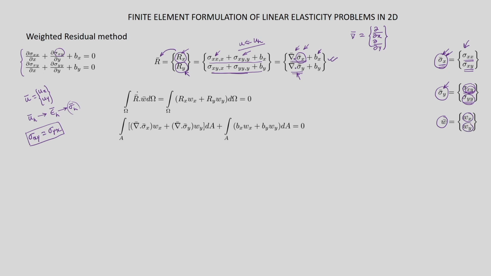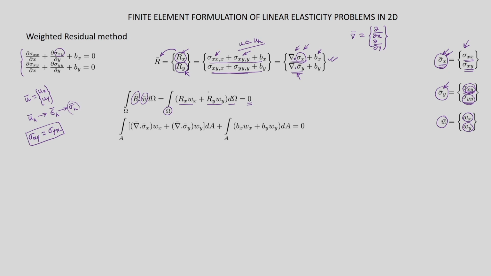So with the residue vector r bar, we take a dot product with w bar. That means rx into wx plus ry into wy integrated over the whole domain is equal to 0. So this means that the weighted average of the residue on the domain is equal to 0.